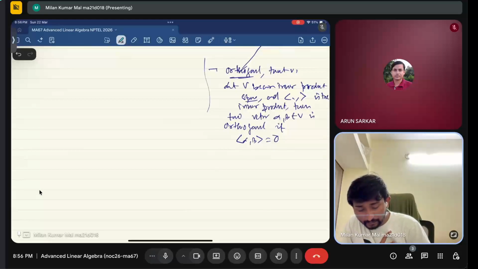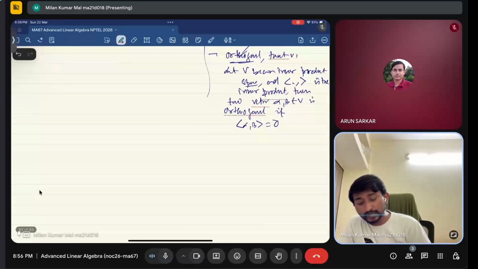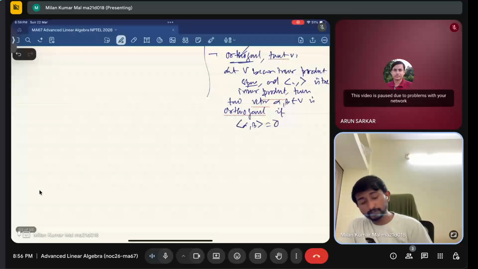And a set alpha 1 all the way to alpha k in V is said to be orthogonal to each other if the inner product of alpha i and alpha j is equal to 0 for all i not equal to j.